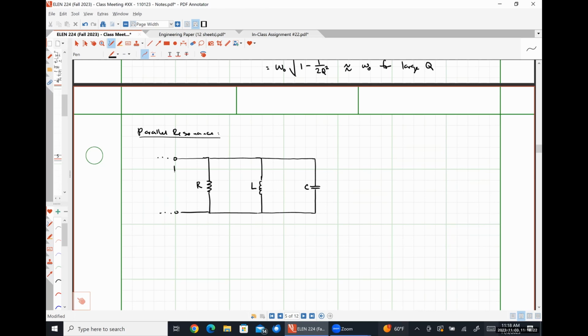Let's call this voltage V, the voltage drop over the whole thing, this current I, current flowing through the whole network.